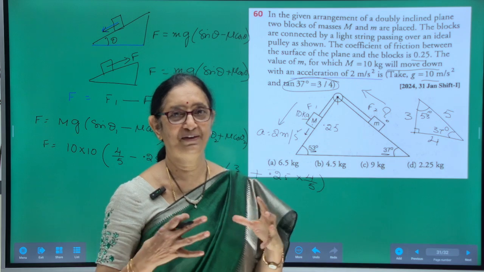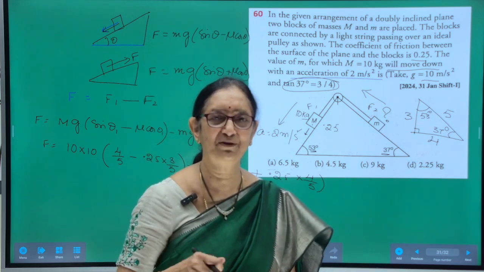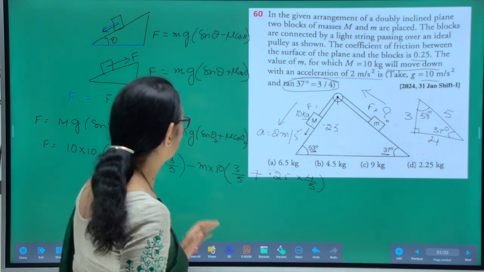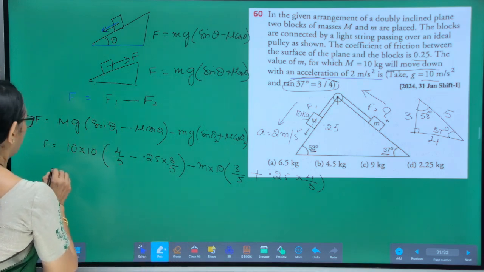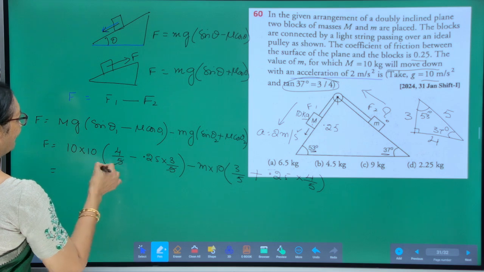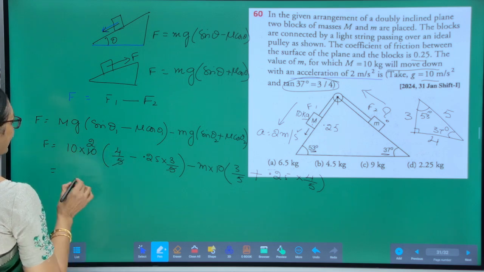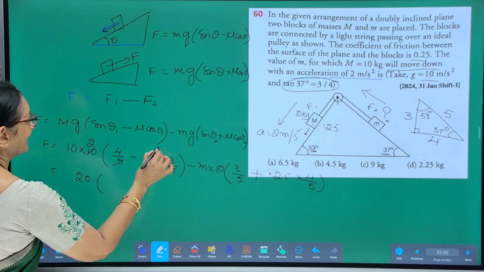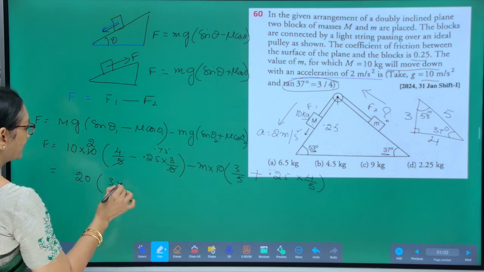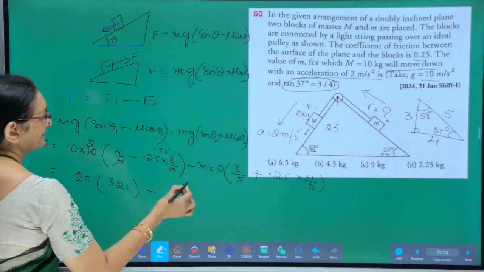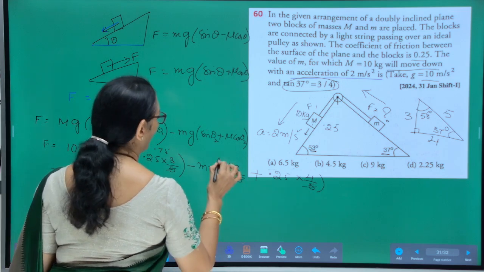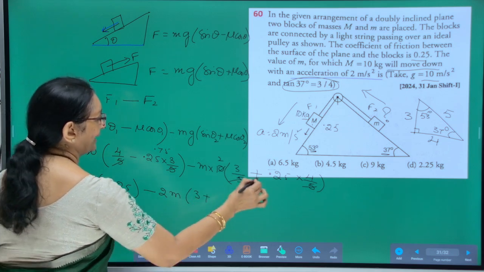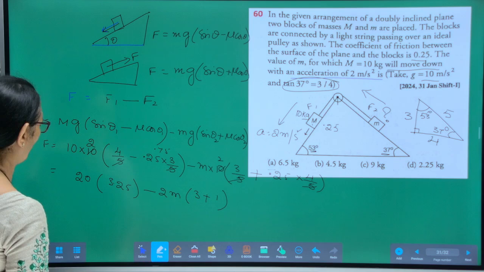Even that, if you are very strong in problems, if you practice a number of times, we pretty much know all those values, right? So just like that I have substituted. So we can take this 5 as a common factor, cancel that. So it is 20, 4 minus 0.75 is 3.25, minus, we can take this 5 as a common factor, so minus 2m, 3 plus 4.25 is 1.